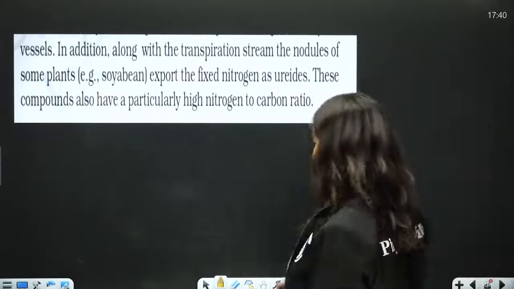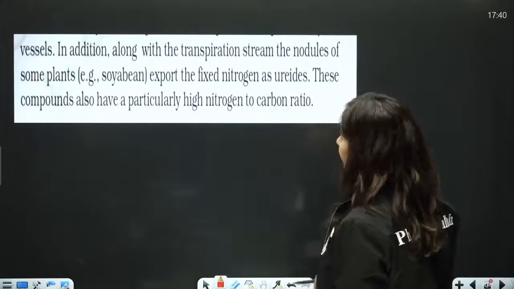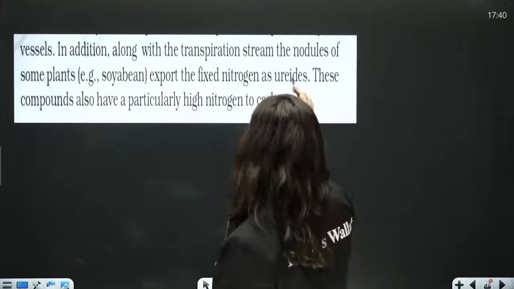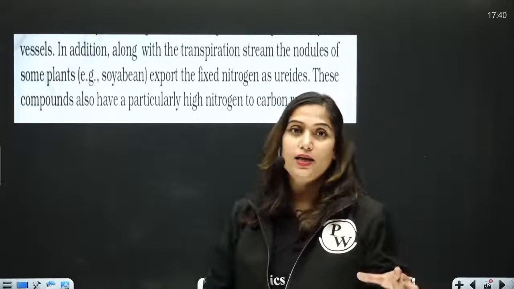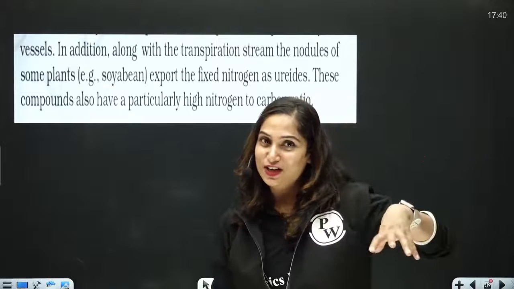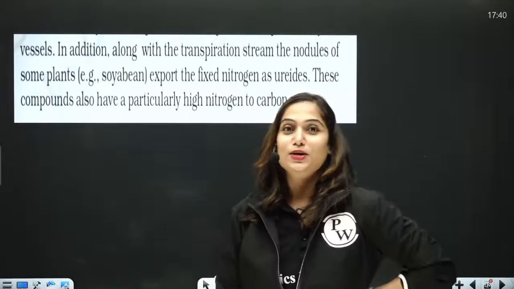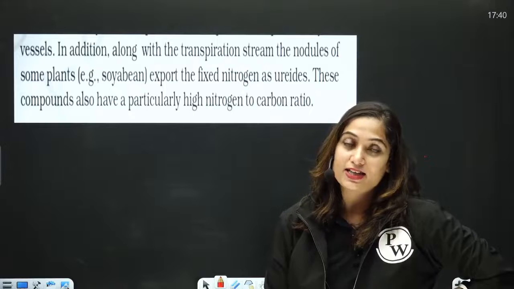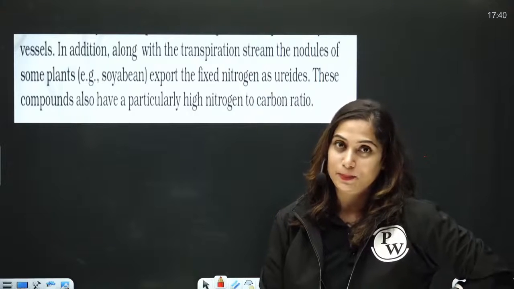And now the last lines of NCERT, that in the case of leguminous plants, where is the ammonia getting fixed? Inside the nodules. So inside the nodules, finally the ammonia gets converted into urides.